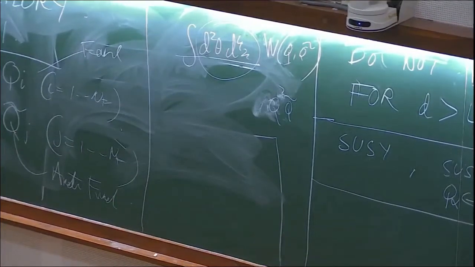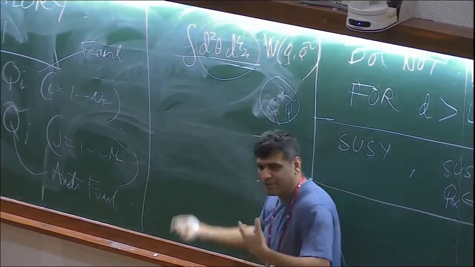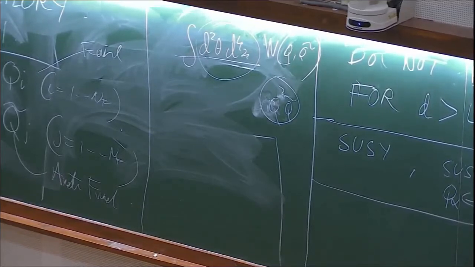Q has a fundamental index that can contract with the anti-fundamental index of the Q tilde, but you can't have a dangling Q left around. The next thing you could do is Q tilde to the power 4, which is 1 dimension above renormalizable. It doesn't work. So the only freedom you have in superpotential addition is a mass term, Q Q tilde. I haven't even explained that very properly to you. But supersymmetry with this content and renormalizability fixes the Lagrangian completely up to mass terms. If you set the mass terms to 0, it fixes it completely.